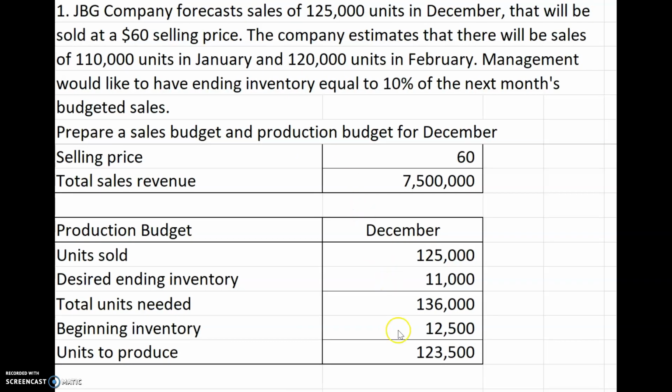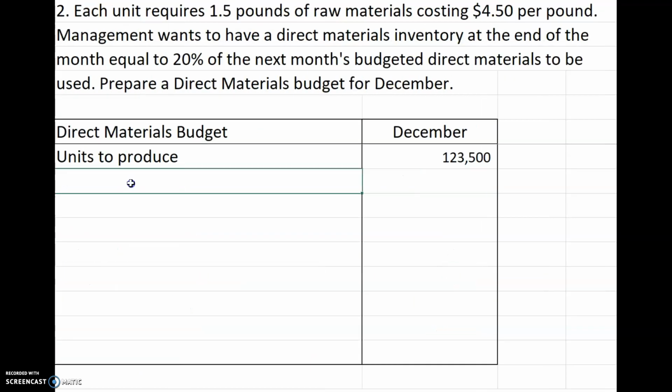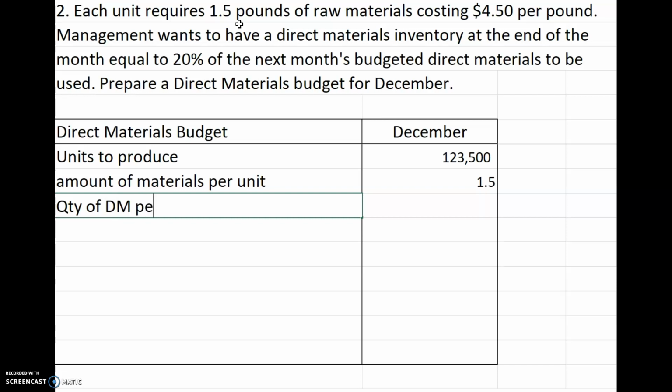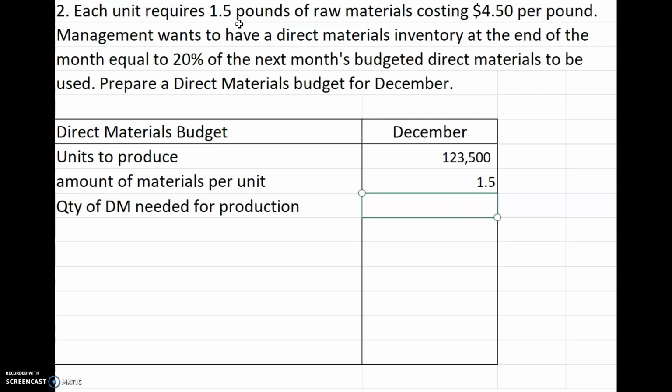So our units to produce for December was 123,500. We're going to multiply that by the amount of materials per unit. And we're told each unit requires 1.5 pounds of raw materials. So that's how we'll get our quantity of direct materials needed for production, just by multiplying.